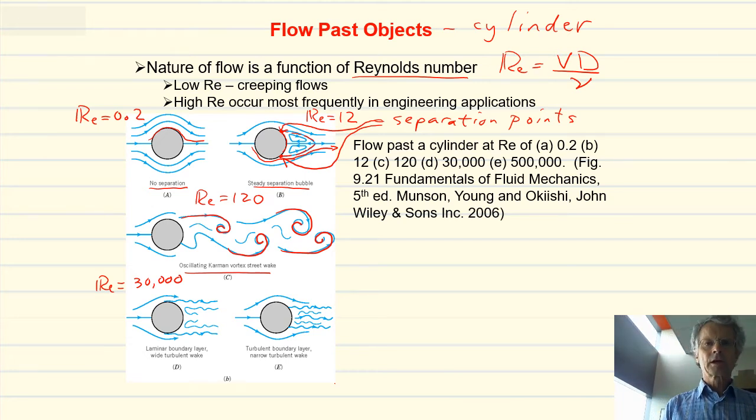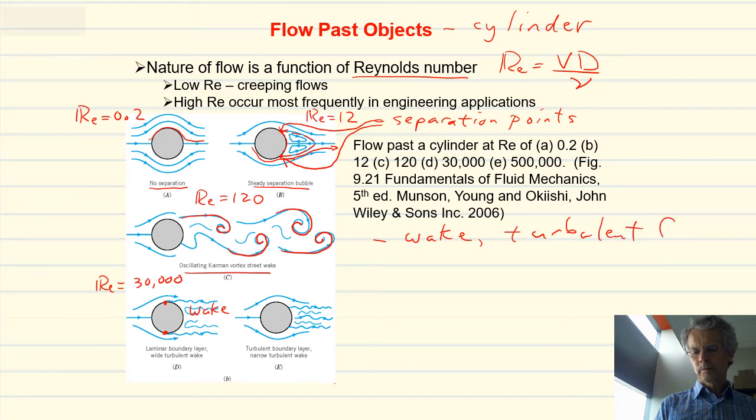So now there's a turbulent wake downstream of the cylinder, and the flow is separating, and in this case the separation points are there. And so in the wake we have turbulent flow, and we may have turbulent flow upstream of the cylinder, or we may not.